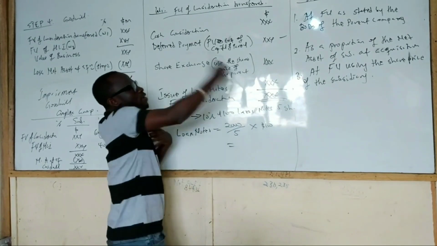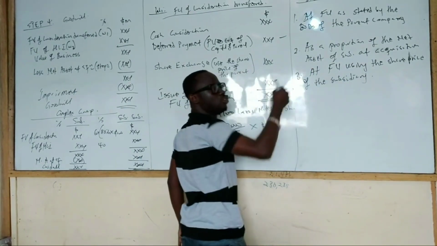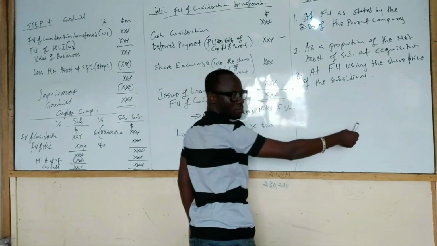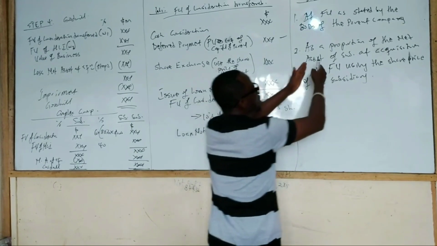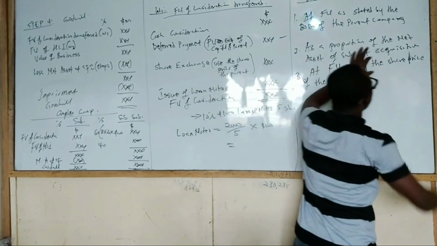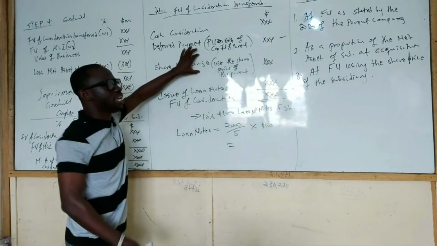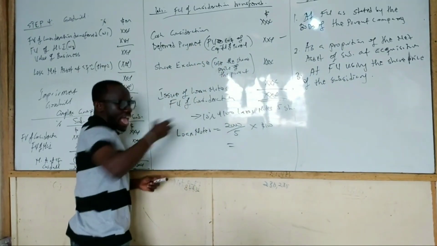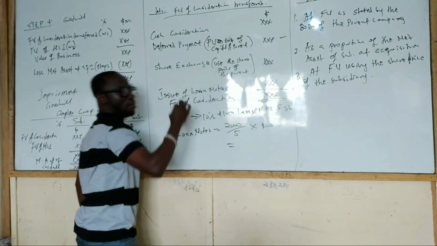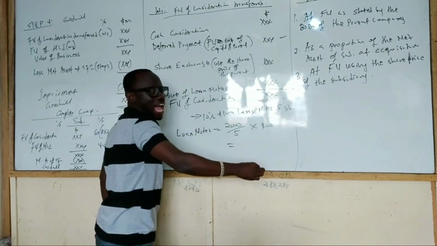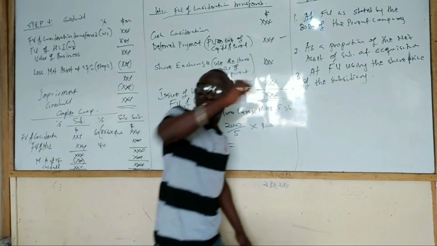You use the parent share price for share exchange, but when you're valuing NCI, you use the subsidiary share price. Third approach, at fair value using the share price of the subsidiary. If you are doing share exchange, use the share price of the parent company. But if you are valuing NCI using share price, then you have to use the share price of the subsidiary.